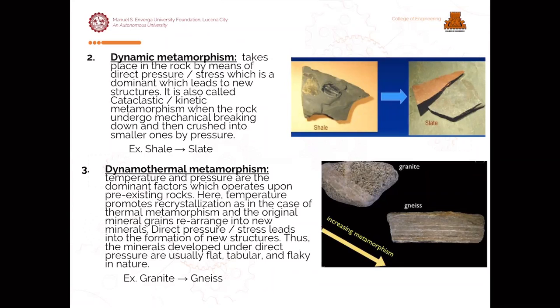Then we have yung dynamo thermal metamorphism. So, ito yung kapag both temperature and pressure are dominant factors. Okay? So, wala tayo kapag halimbawa fluid yung more dominant, no? Kasi kung fluid yung maging mas dominant sa kanya, I guess more on molecular level lang yung kayang i-support ni fluid, no, sa metamorphism.